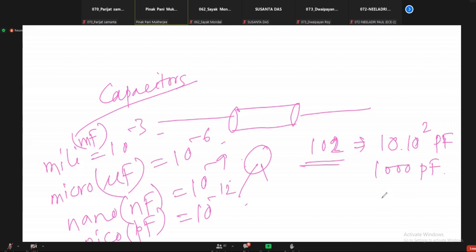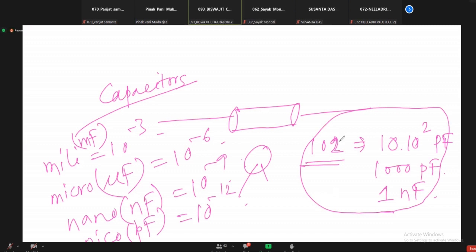1000 picofarad means how much? 1 nanofarad. The number is printed on the body.